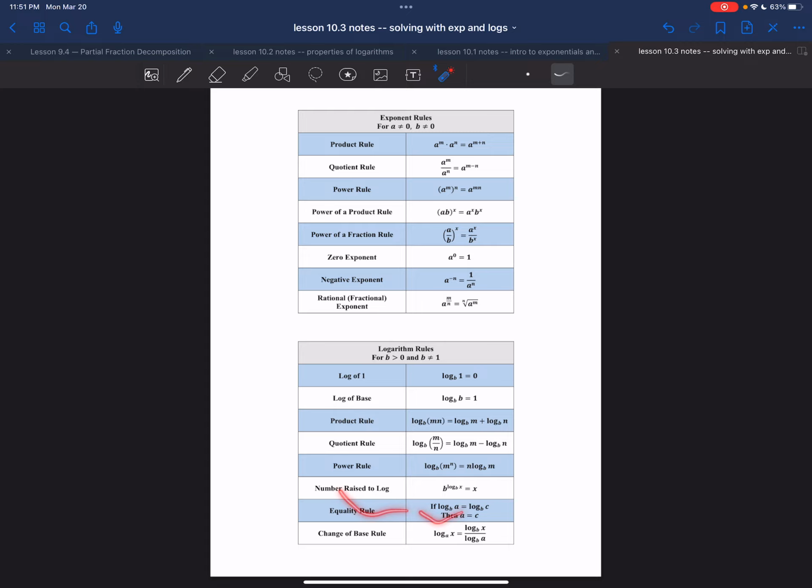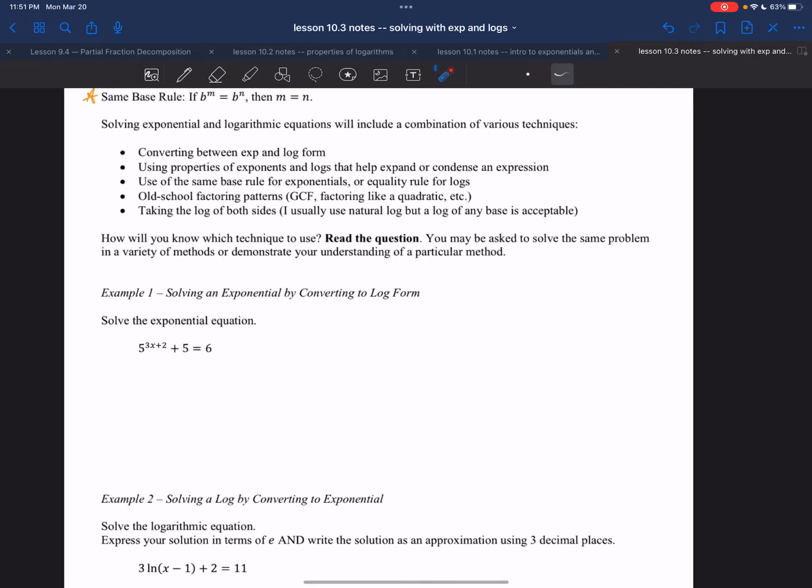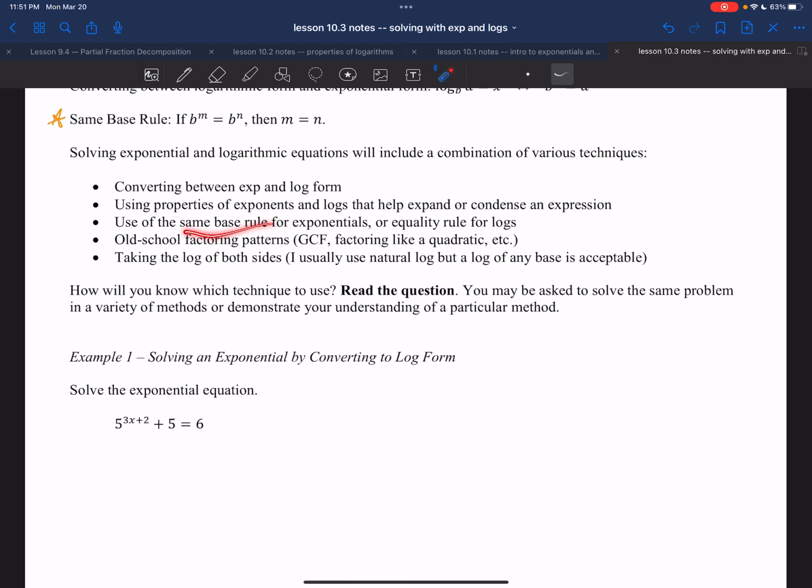Maybe not those, it's okay. But you got to know those for sure. Use of the same base rule, which is this thing I put up here. Old school factoring patterns. You still got to remember how to factor. We're going to see what factoring looks like here. It's awesome.